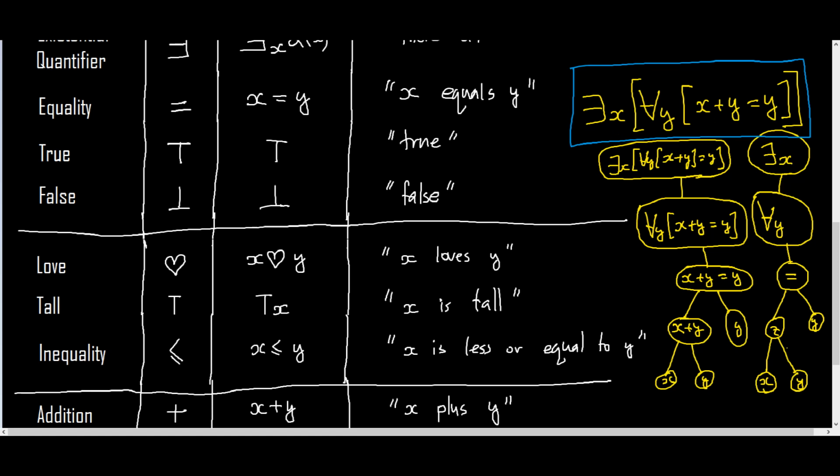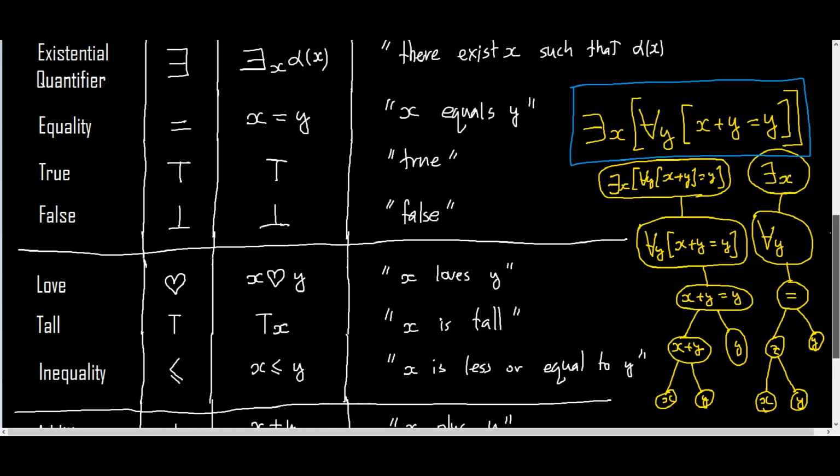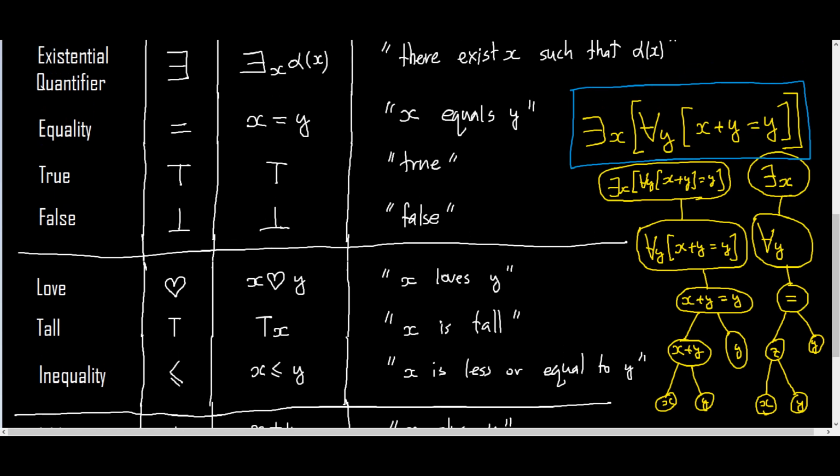Because I can't really interpret the logical meaning of this on its own before I know that there must be a specific x such that for every y something will hold. So this is where we have a slight difference to how we do things in arithmetic.